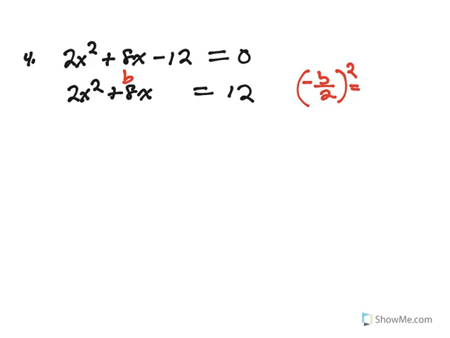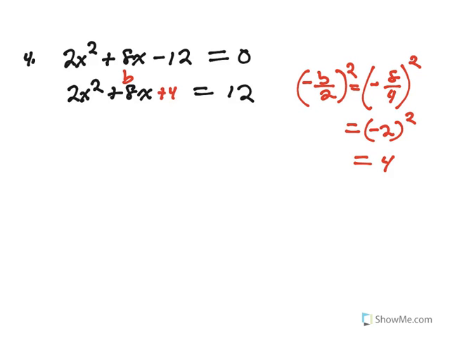So I'm going to have minus 8 over 4 squared. All right. So negative 8 divided by 4 is negative 2. And when I square that, I'm going to get a positive 4. Okay, so I'm going to have to add 4 to both sides.